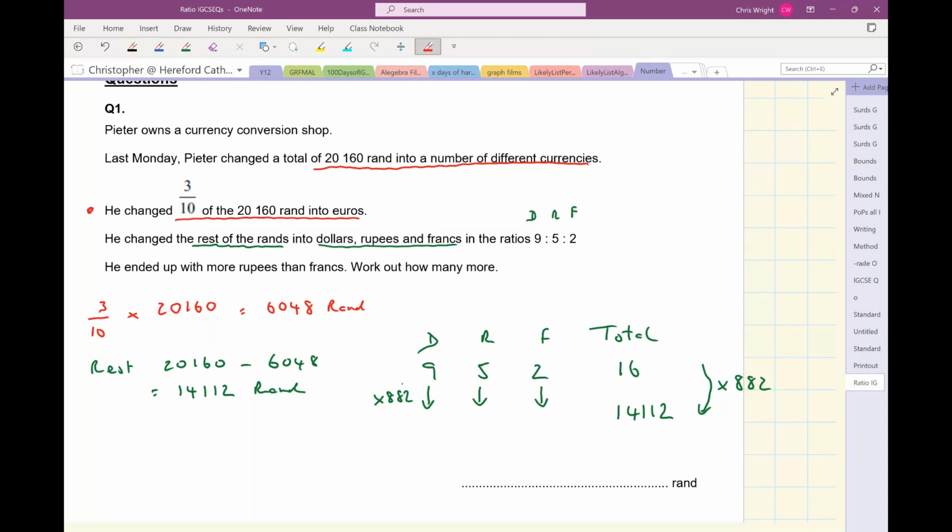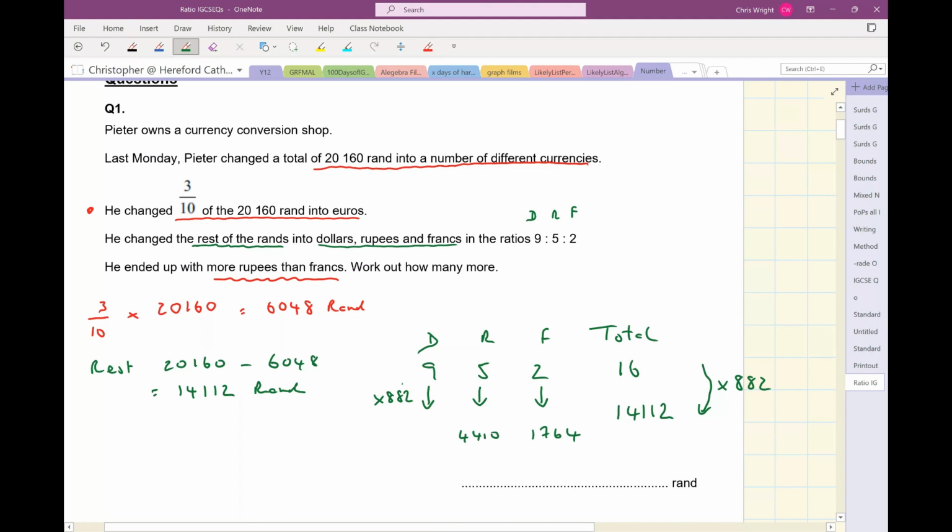Now, it says he ended up with more rupees than francs. How many more? I just need to know how many rupees and how many francs he got. 882 times 5 is 4,410 rupees, and 882 times 2 is 1,764 francs.